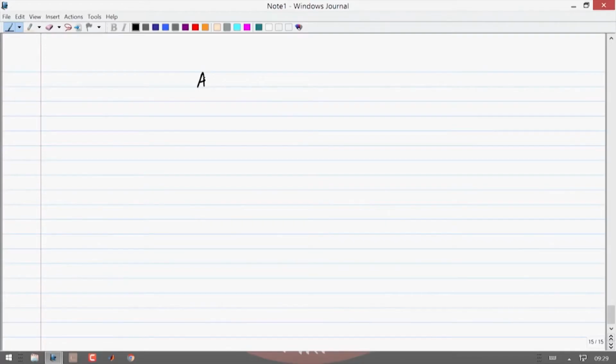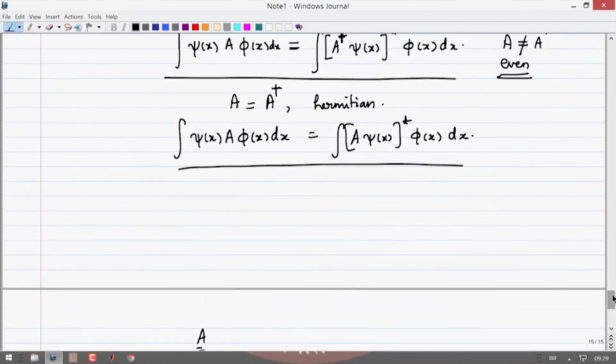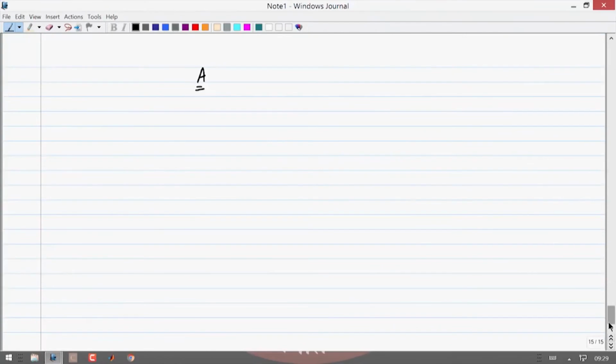But it is easy to understand the Hermitian operator from the matrix viewpoint, because of the definition of A. If you go back to the basis psi, phi, two different labels, and you have many basis functions psi 1 of x, psi 2 of x, psi 3 of x, or in vector notation psi 1, psi 2, psi 3 and so on, then the Hermitian operator is given by this property.